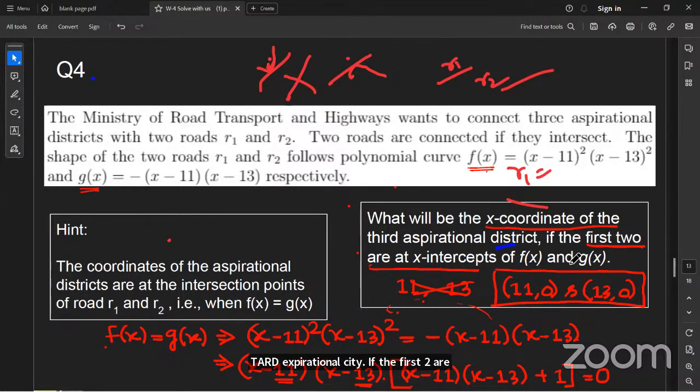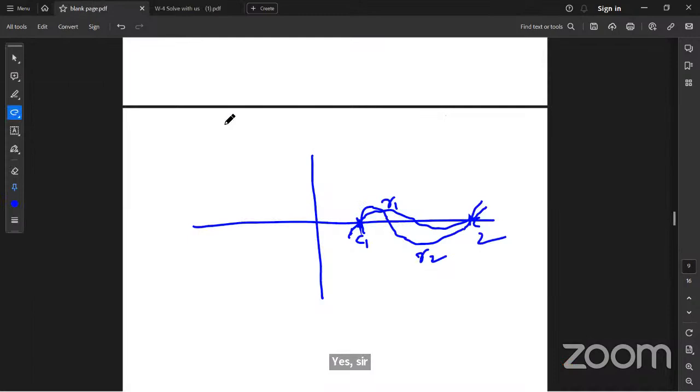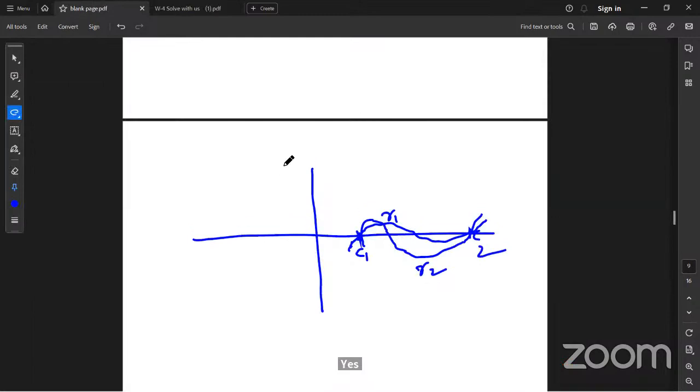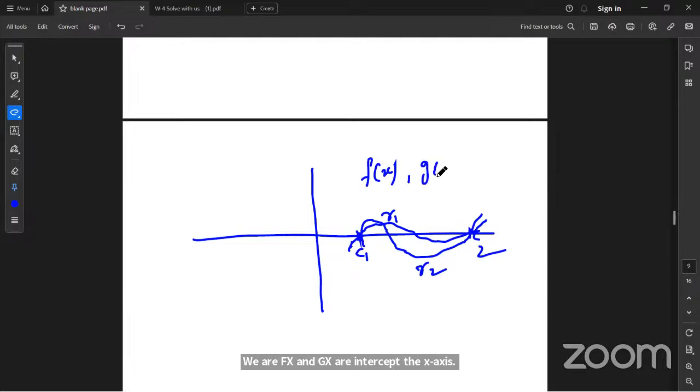It is saying the first two cities are lying on the x-axis, wherever f(x) and g(x) cut the x-axis. Your city 1 and city 2 lie there only.